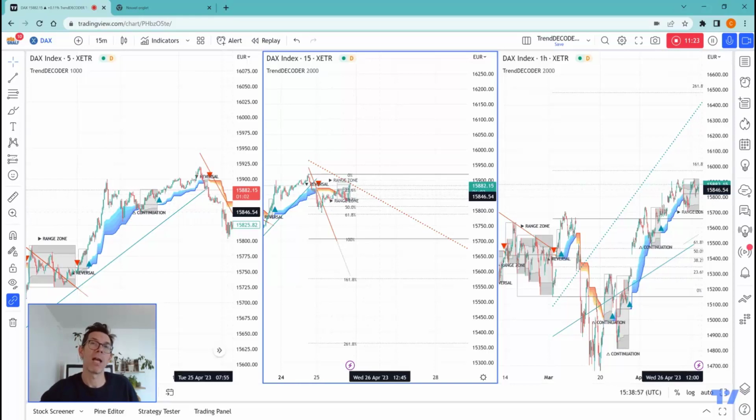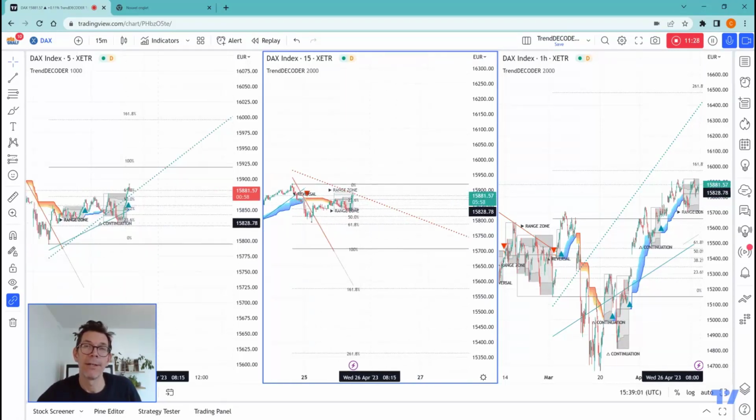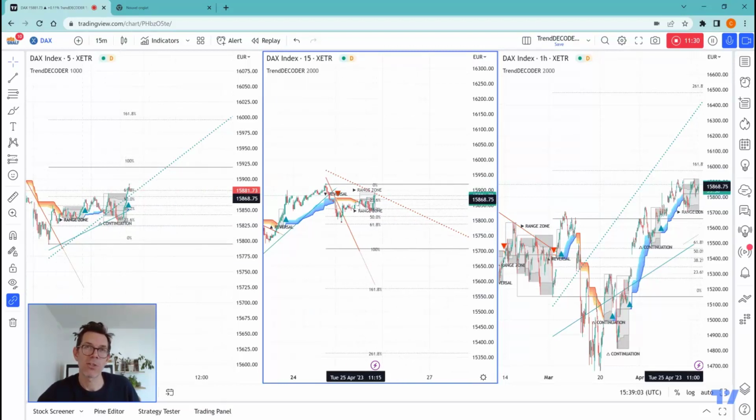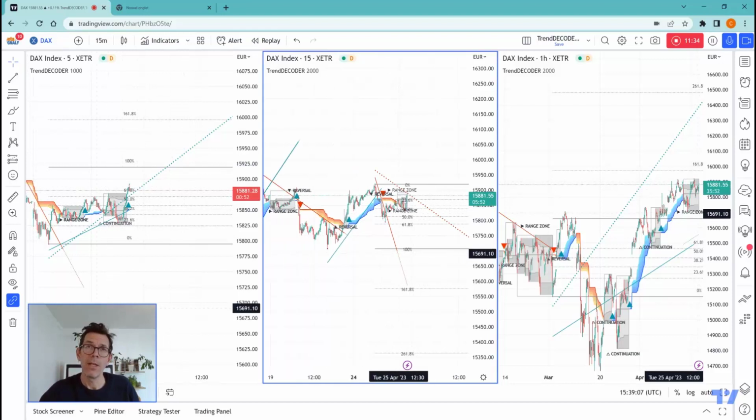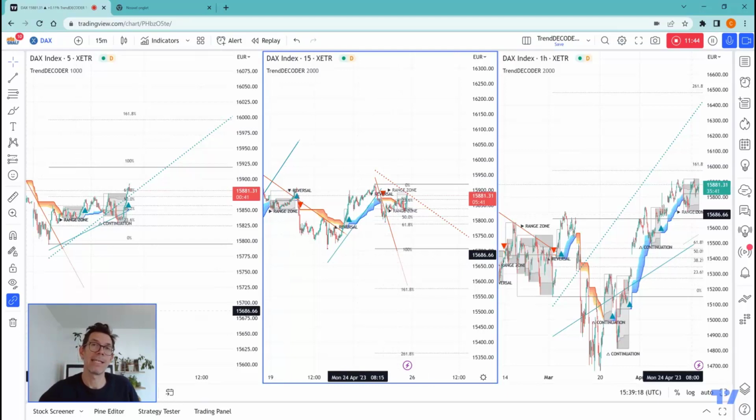Actually, that's what it was basically before, the range, and we're still in the range zone here. So it strongly suggests that the market is going to lateralize for a while. Voila. So these are the basic tools inside the indicator that help you to identify and qualify the strength and the probability of the trend.